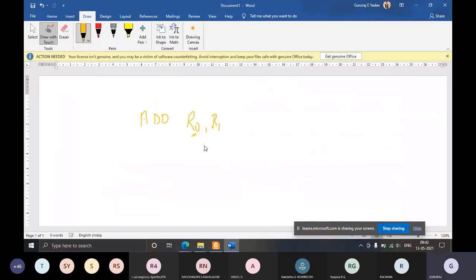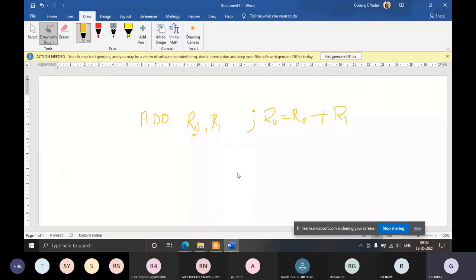Remember, the first operand will be the destination in Cortex M3, as we discussed. Usually, the first operand is the destination. So once you add R0 with R1, the result is stored back in R0. If you write the description for this, it is a semicolon, which is the comment: R0 equals R0 plus R1.